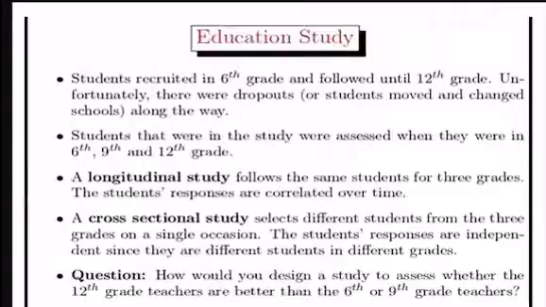Now, let me go to what I used in the lecture slide. This is my own example. The example I used in the lecture slide, we're going into education now. I love this example, where students are recruited when they were in 6th grade and we follow them until 12th grade, the same students. Unfortunately, there's going to be dropout.